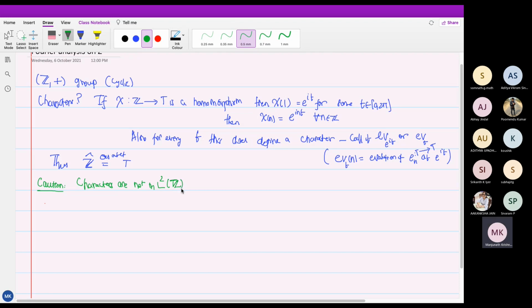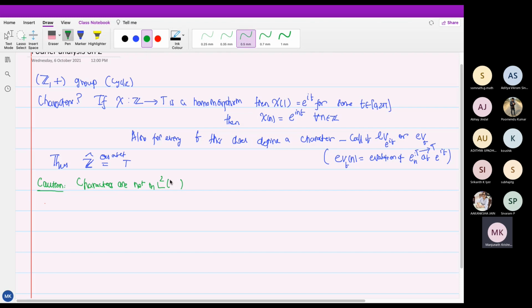Characters are not in L2 of Z. These functions are of absolute value 1 everywhere, so you can't integrate them over Z, meaning the sum of squares is going to be infinity.